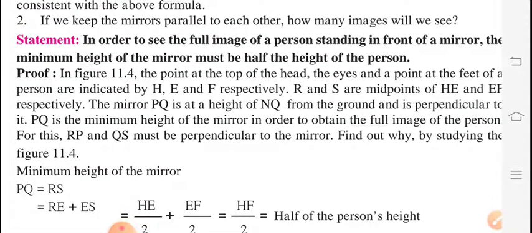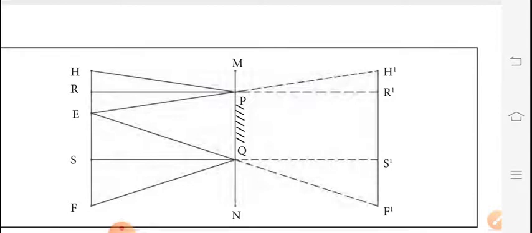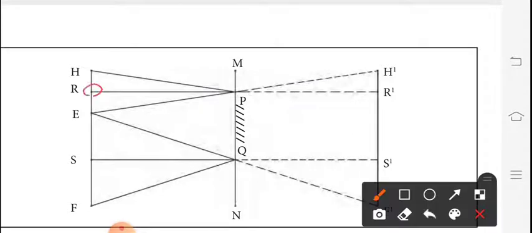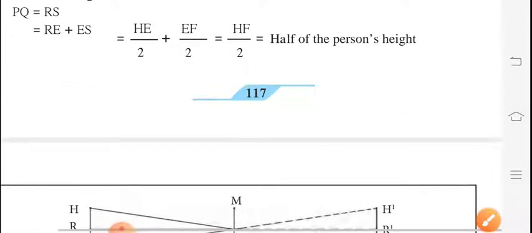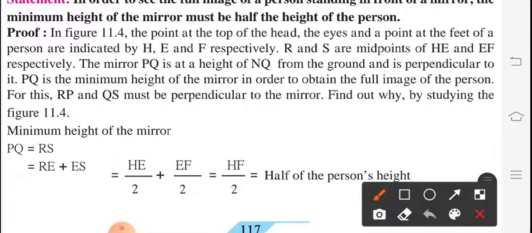R and S are the midpoints of HE and EF respectively. PQ is the minimum height of the mirror in order to obtain the full image of the person. For this, RP and QS must be perpendicular to the mirror.